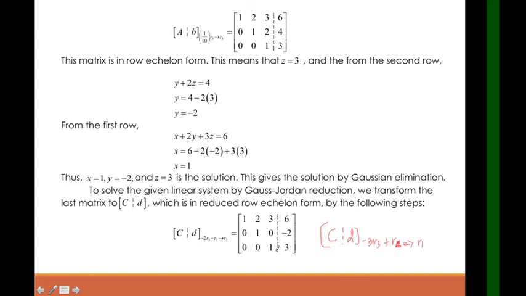So, we have negative 3 times 1 is negative 3 plus 3 is 0. So, we have 1, 2, wala naman kasi tayong multiply dito, 0, 0 yan. So, it's 0. And then, negative 3 times 3 is negative 9 plus 6 is negative 3. Okay? So, ayan yung equivalent niya.